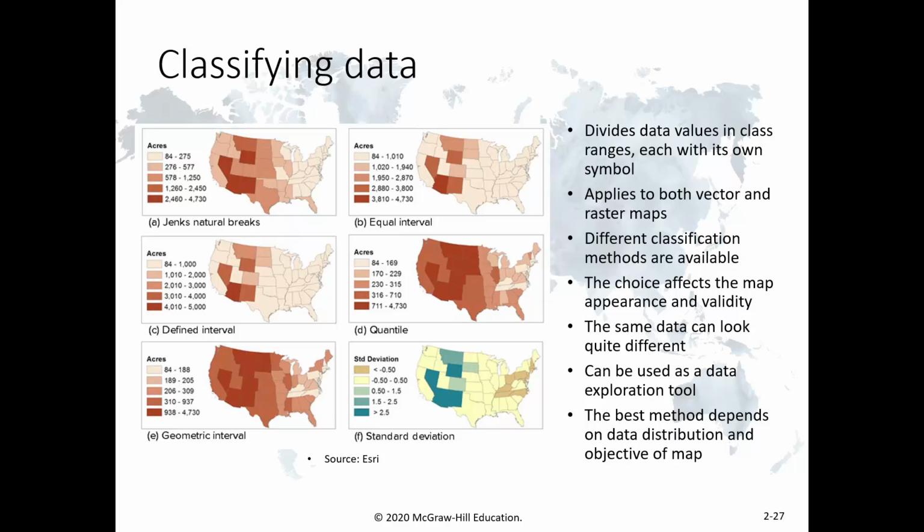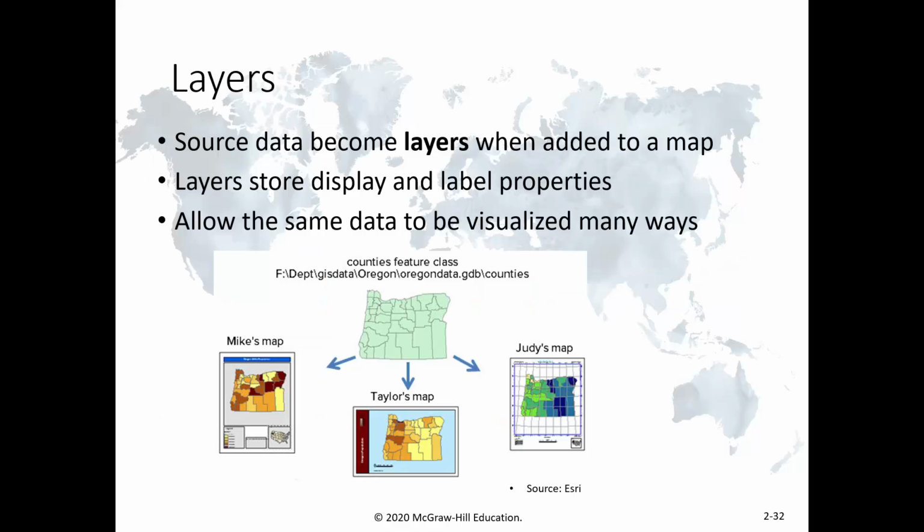Ultimately, the choice of classification method depends on the purpose of the map or the type of data you are attempting to display. Through practice and a better understanding of data display, you'll get a better grasp of which classification method is going to serve your purposes best.